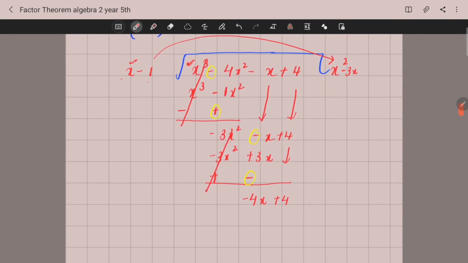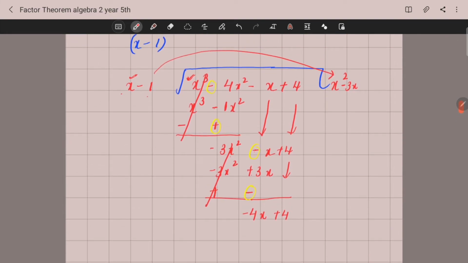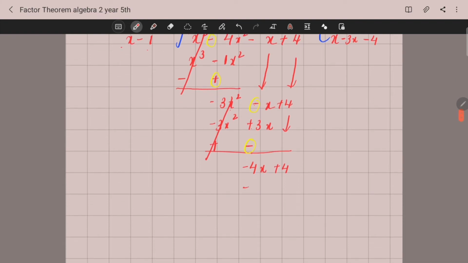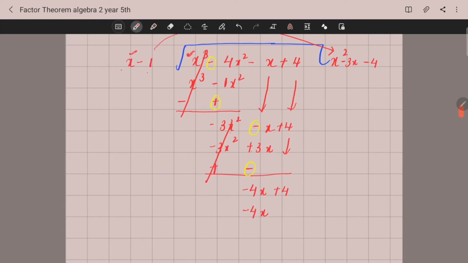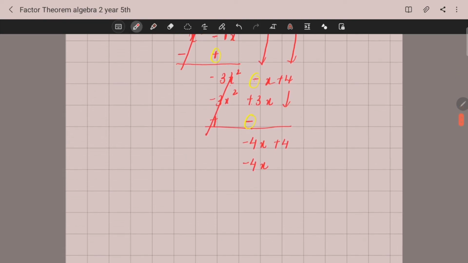Okay, now I have to cancel this minus 4x. I have x over here, so what do we have to write? Minus 4. Minus 4 into x is minus 4x, so I write minus 4x. After that, minus 1 into minus 4 is plus 4.